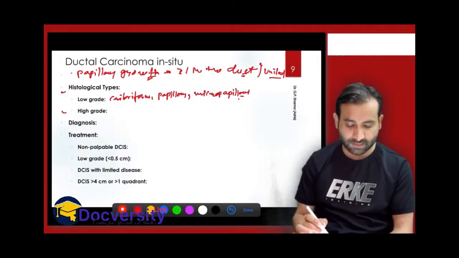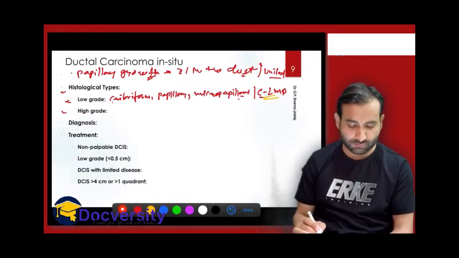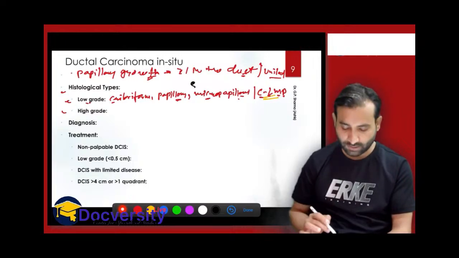We can remember it as CLMP for the mnemonic. These are the low grade ductal carcinoma in situ. C means cribriform. L means low grade. M means micropapillary. P means papillary, right? So these are the low grade breast cancers.